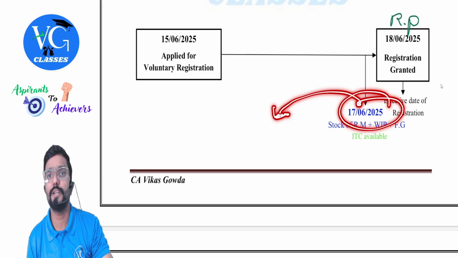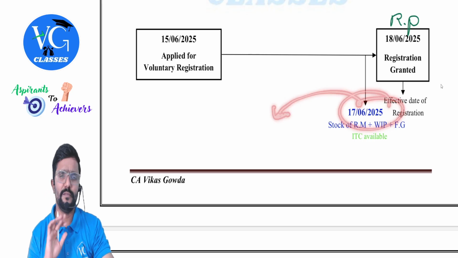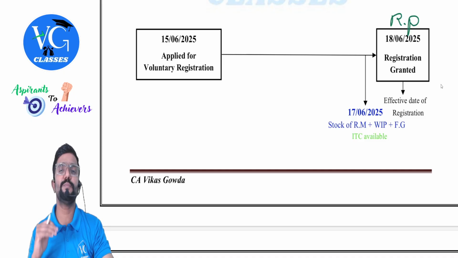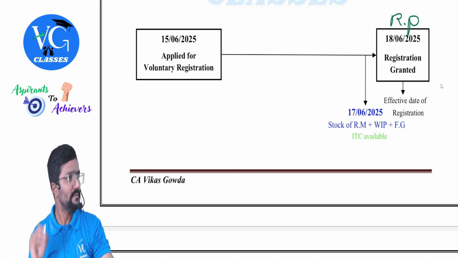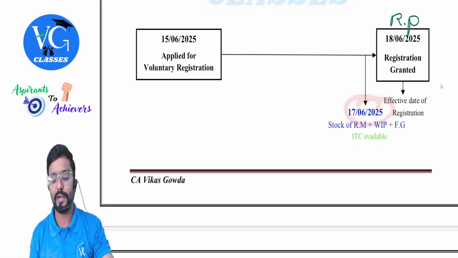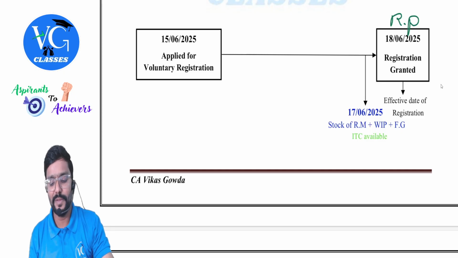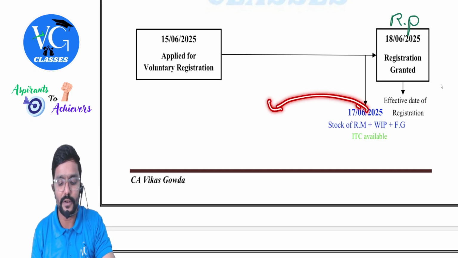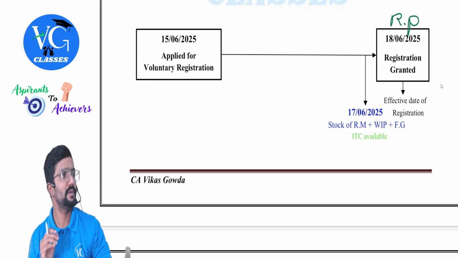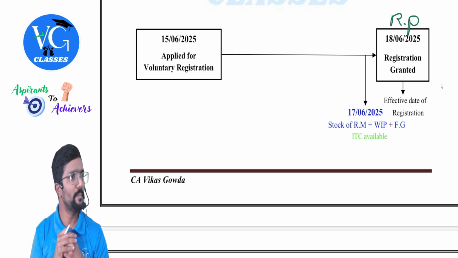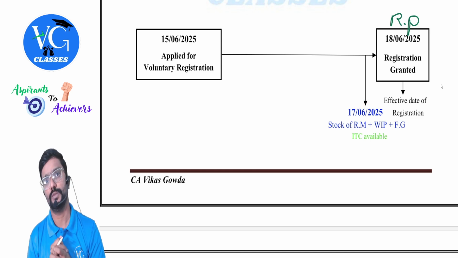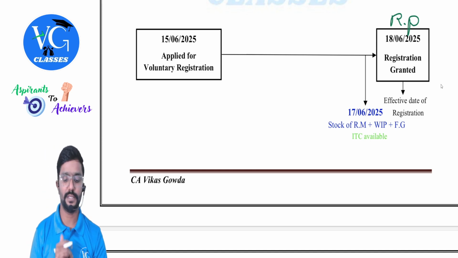Can I claim the credit of it? No. They are telling simple, very simple. If the goods were purchased more than 1 year back and are still in stock, you cannot claim credit on it. That means it has to be purchased within 1 year of this date, guys. 1 year before 17th June. Is that clear? Yes.